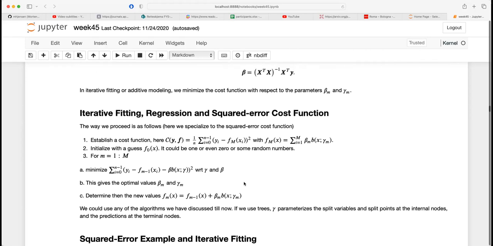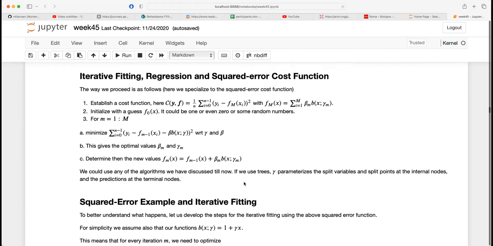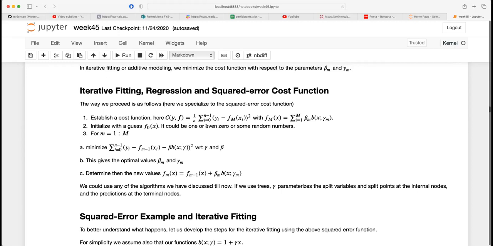So what you would do then in this method here is that you would establish a cost function, and this cost function is now defined by your model, so this f_m, and this f_m is now generated in an iterative way where you would start with an initial guess. This could even be 0 or some other guess, which you will see a little bit below how you can initialize in other ways.